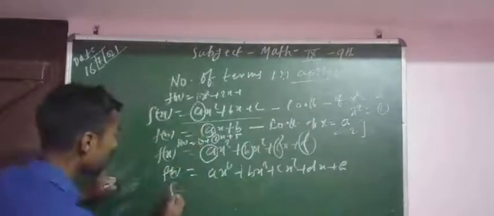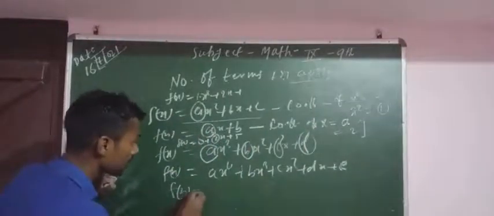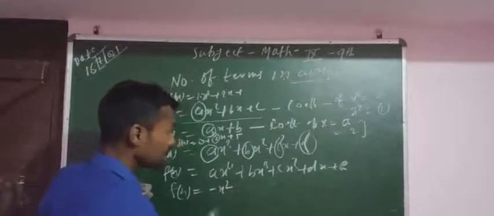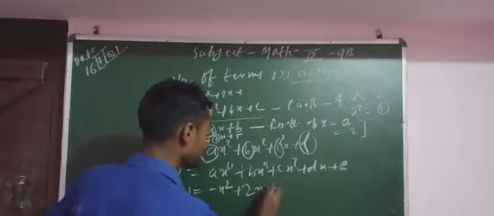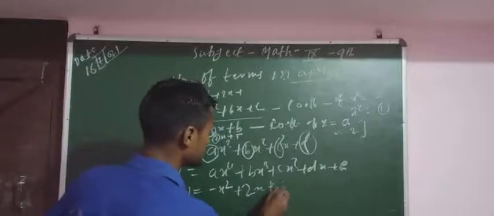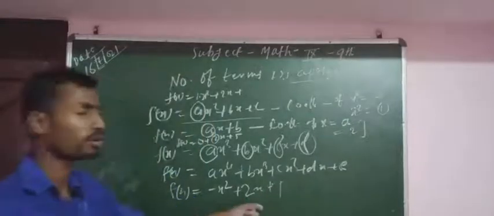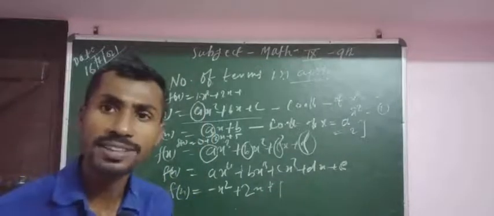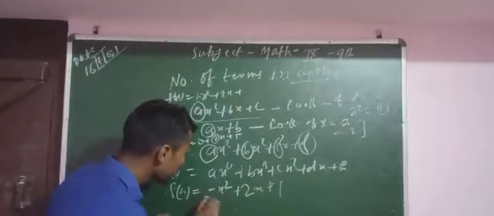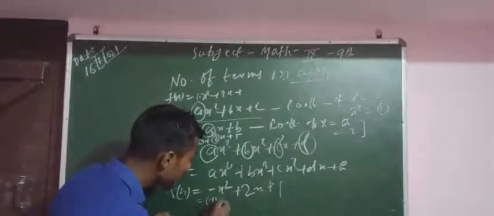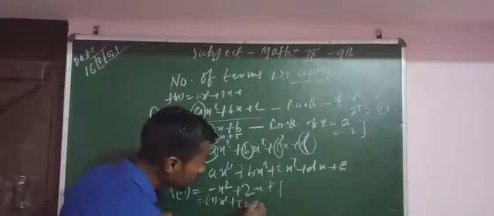Suppose f of x equals minus x square plus 2x plus 1. If the question is what is the coefficient of x square, we can write this expression as minus 1 x square plus 2x plus 1.